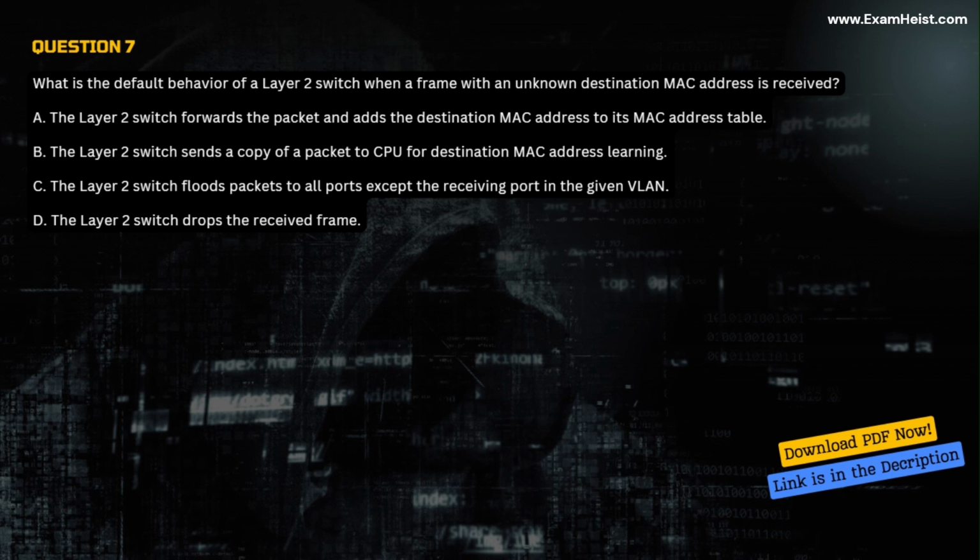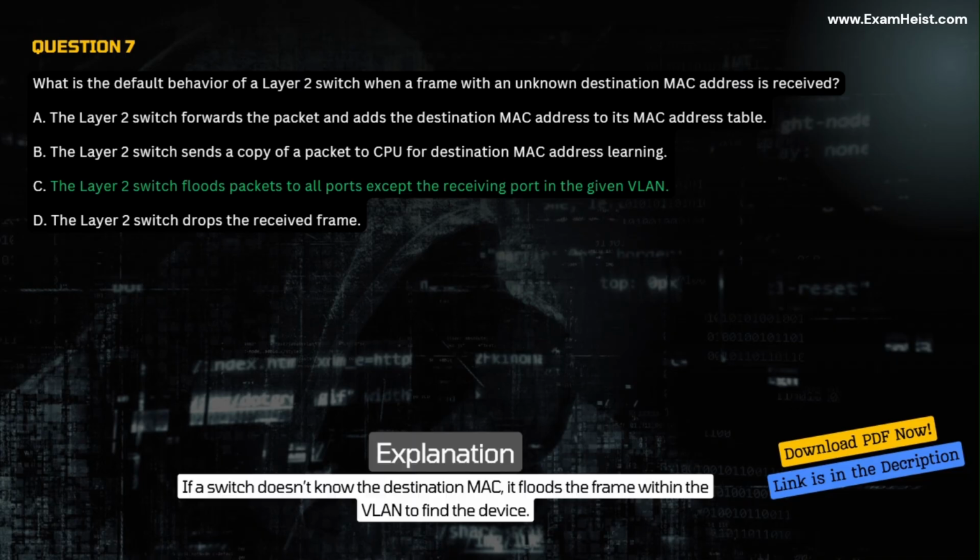C. The Layer 2 switch floods packets to all ports except the receiving port in the given VLAN. D. The Layer 2 switch drops the received frame. Correct answer C. The Layer 2 switch floods packets to all ports except the receiving port in the given VLAN. Explanation: if a switch doesn't know the destination MAC, it floods the frame within the VLAN to find the device.